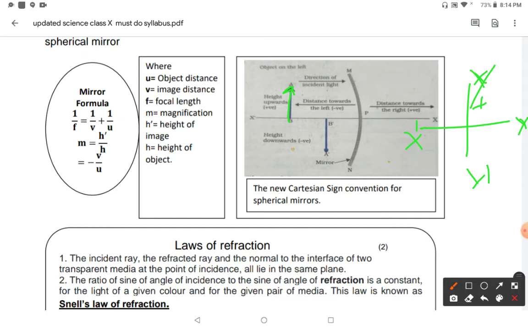Upper side is positive, lower is negative, right is positive, left is negative. So if I take this mirror here, when the object is placed on the left side, its value is always negative. If the image formation takes place behind this mirror, then V is always positive. And the height of the object upper than the principal axis is positive, and a lower, inverted image always has a negative value. So these are the things that you have to keep in mind while calculating the numerical.